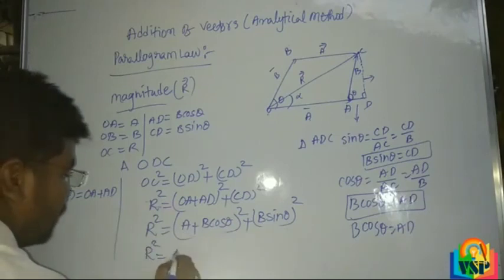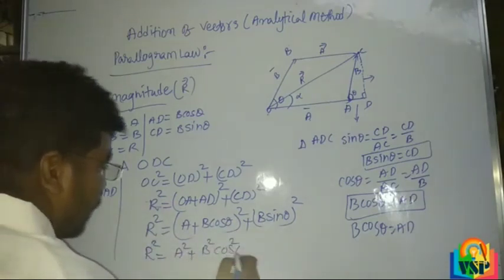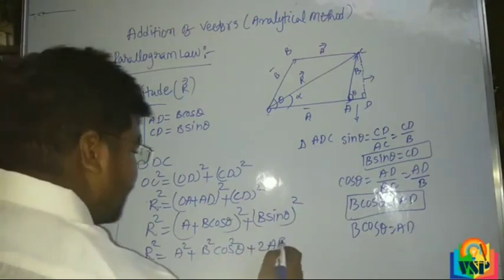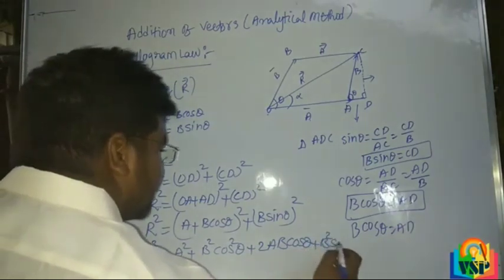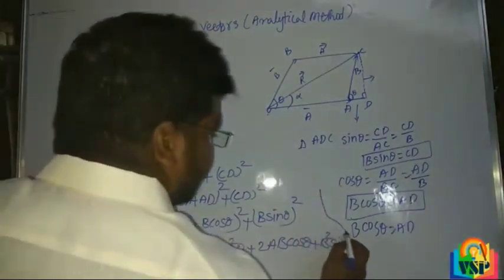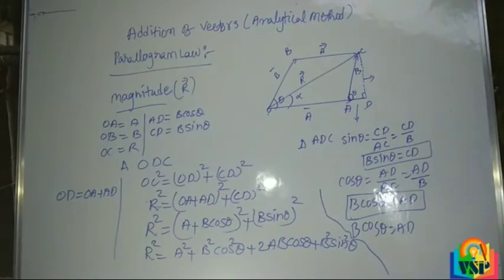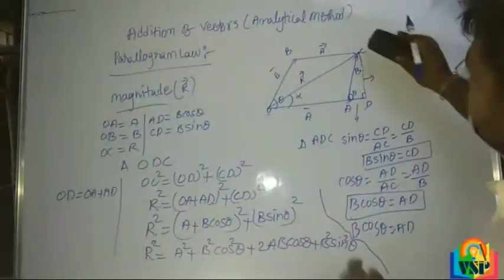R square is equal to A square plus B square plus 2AB, 2 into A into B into cos theta, plus B square sin square theta. So be careful about the diagram.